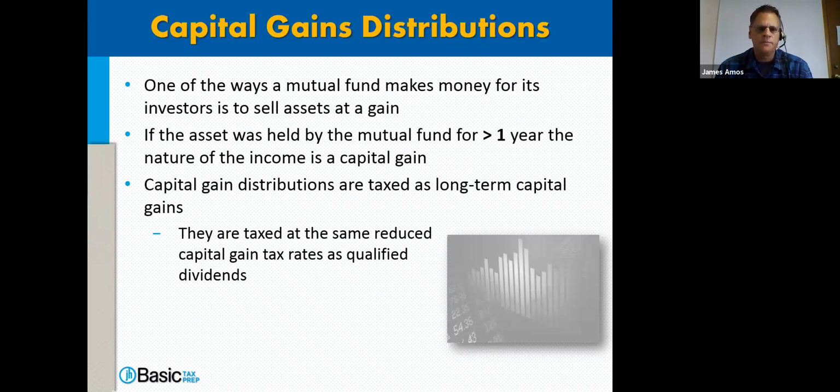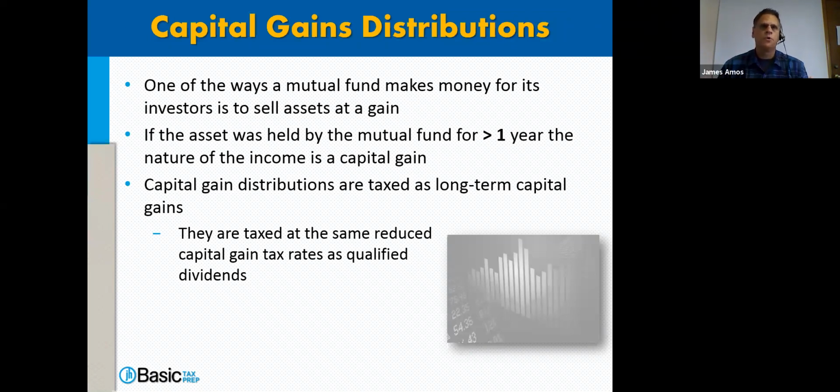Capital gain distributions are taxed as long-term capital gains regardless of how long they're held. So when you start reporting stuff on a tax return, there are certain rules, and I wish they had taught this already, but I'll touch on it now. If you hold something for less than a year, it's called short-term. If you hold it for a year or longer, it's called long-term.